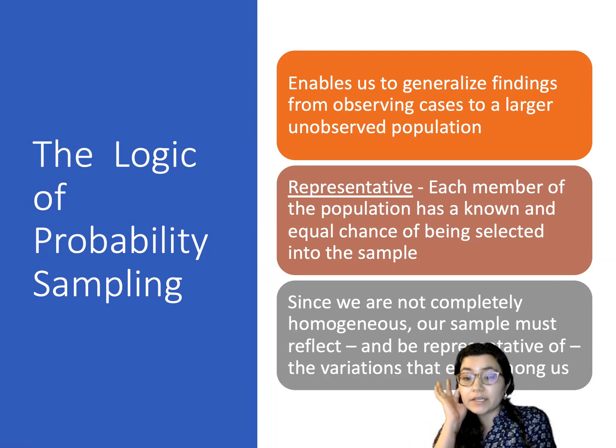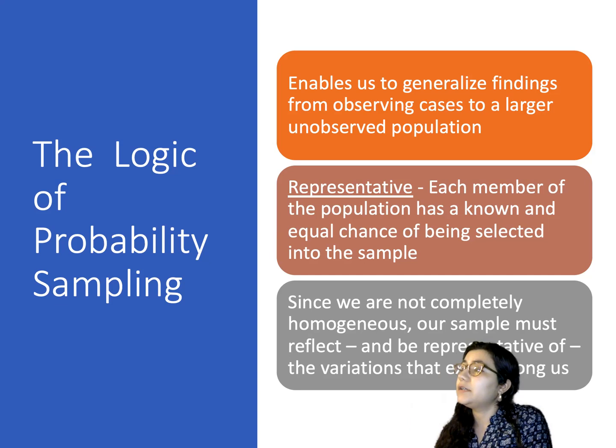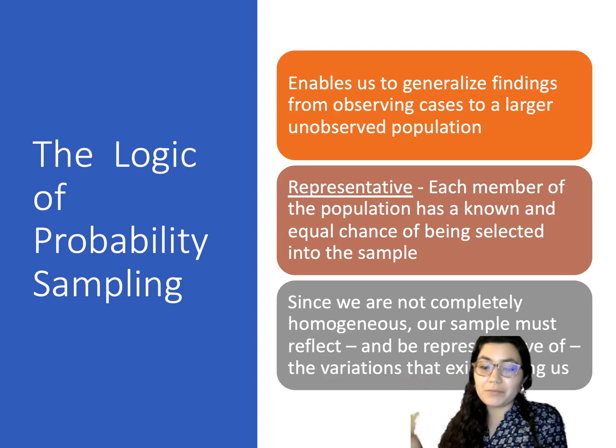So if we're talking about students, if I am using probability sampling across the nation, then I can make generalizations about students in general. But if I'm talking about students at a particular college campus and I didn't do probability sampling, then I can't make generalizations about the larger student population.